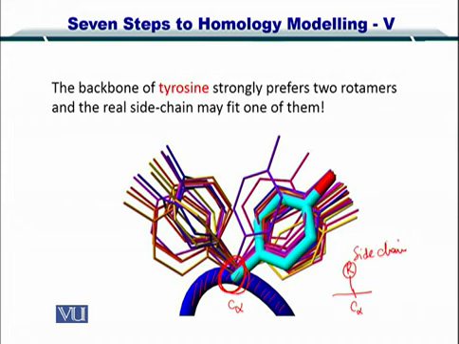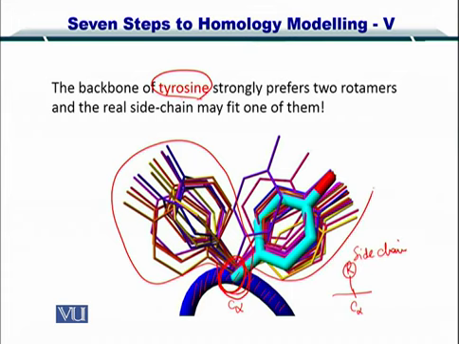In this example you can see that this is tyrosine. If you have tyrosine in the sequence, then only two torsion angles are acceptable. So for tyrosine you only have two possibilities for the side chain. The first one is in this conformation and the second one is in this conformation.